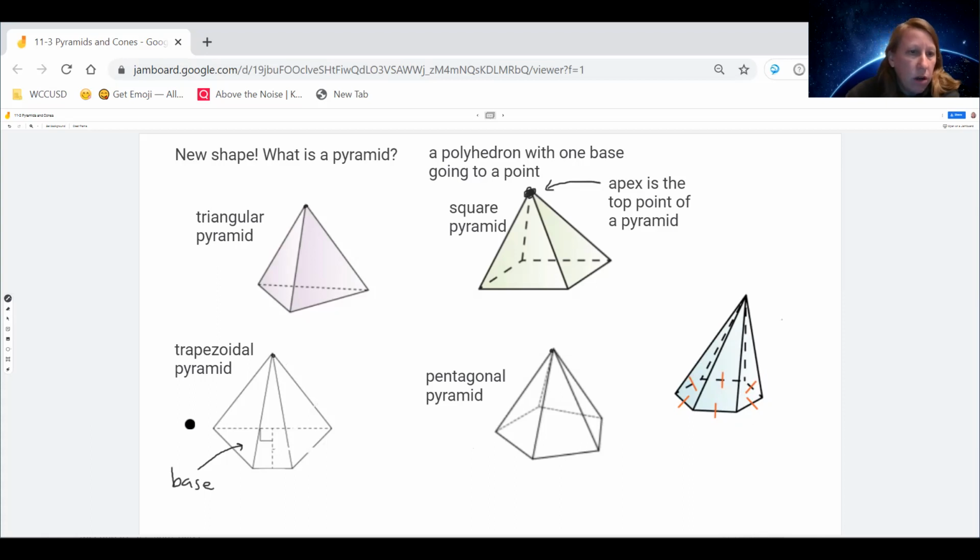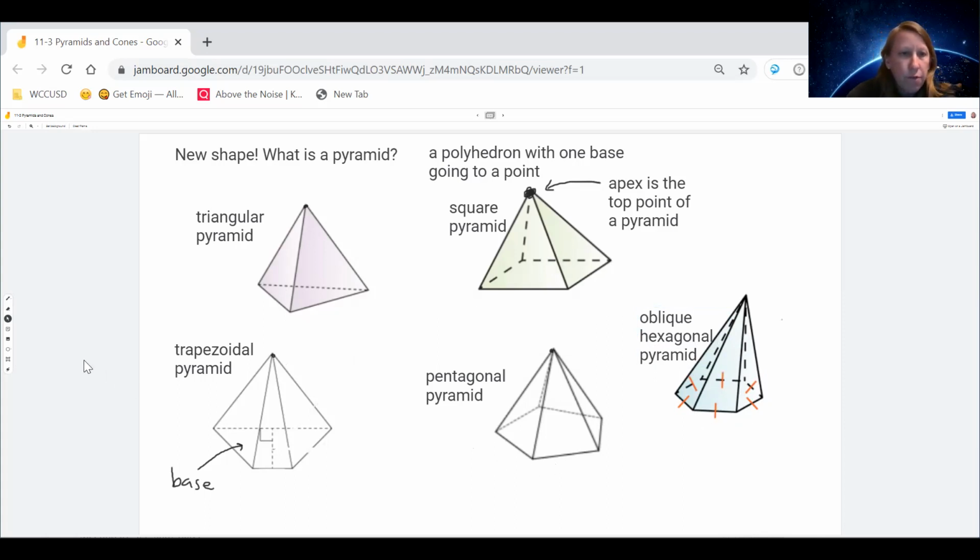Do you remember what we call it when it's tilted? It's an oblique hexagonal pyramid. There's one other thing. If you look, the bases are sort of a different shape.